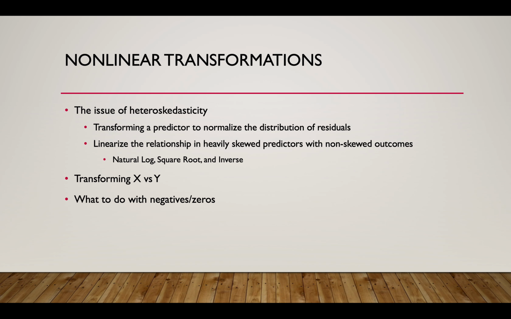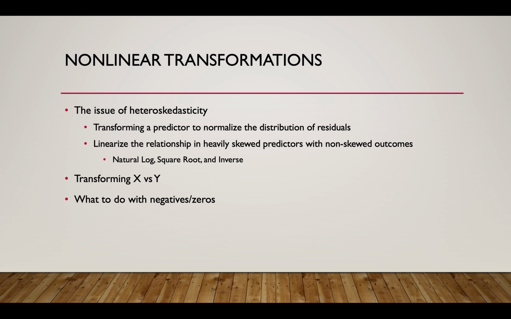Then you can look and see, if you do these sorts of transformations, does it bring your predictor or your outcome variable back into what would be considered more normal? And does this result in a normal distribution, or at least a somewhat normalized distribution of residuals?